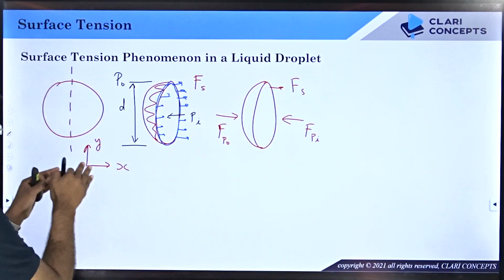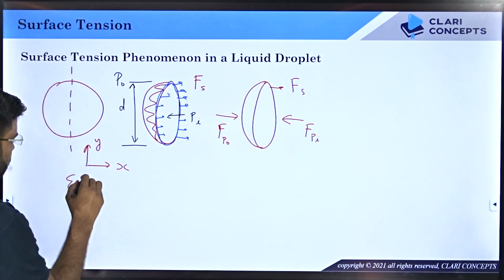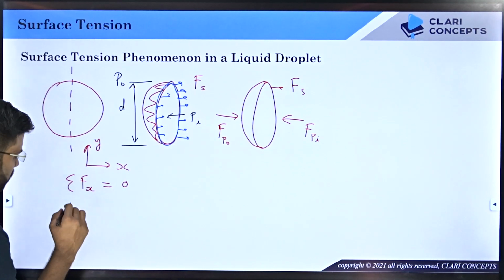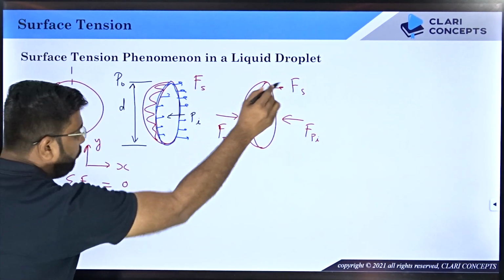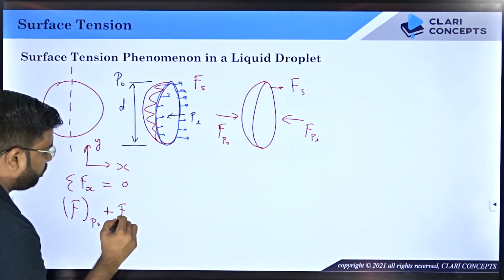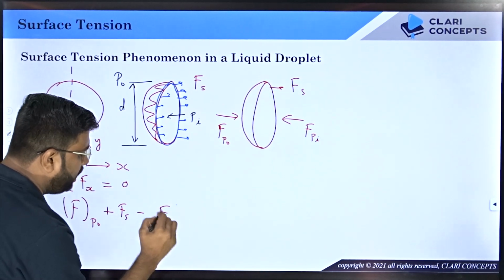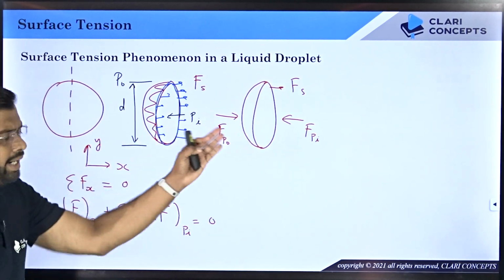Now, if you consider x positive towards the right and use the balance, summation of Fx equals 0, you will find that the force because of Po is positive, the force because of surface tension is positive because it is also directed towards the right-hand side, and the force because of the internal pressure Pi is negative, right? This is equal to 0 because it is in balance.